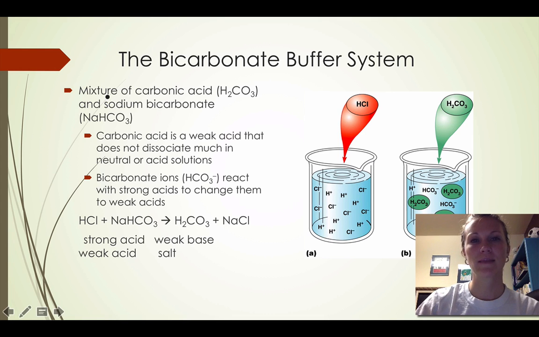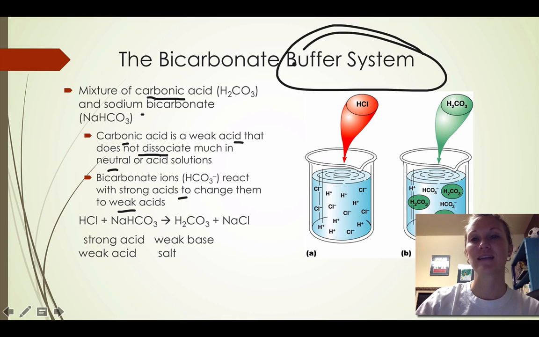So when we're looking at the urinary system, we're looking at a mixture of carbonic acid and sodium bicarbonate. Basically, your carbonic acid is a weak acid that does not dissociate as much as a neutral or acidic solution. And then your bicarbonate reacts with strong acids to change them into weak acids. This basically acts as a buffer system.